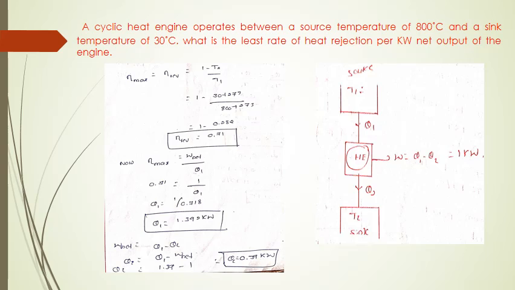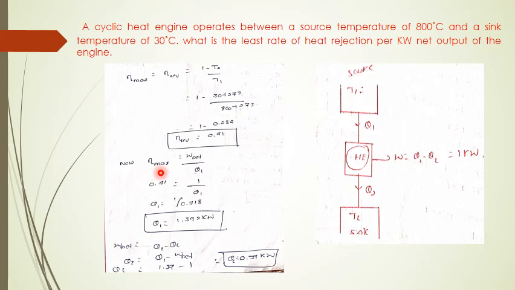In this problem, T2 and T1 are given. This is a schematic of the given problem: a heat engine operating between source and sink, which produces a net work of 1 kilowatt. We need to find the heat rejection. Using this expression with the end temperatures, we can calculate the efficiency of this engine as 71%.